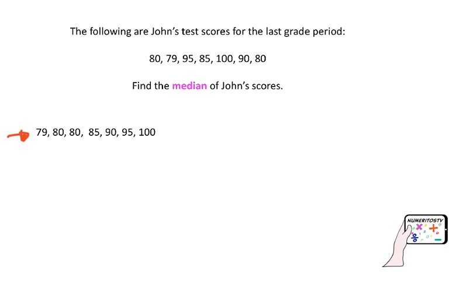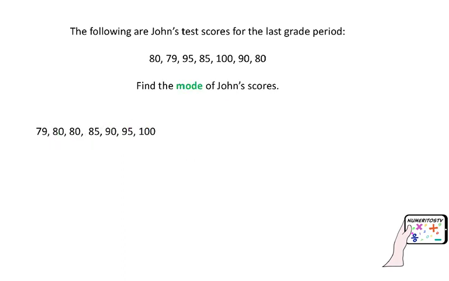It is easy if you start crossing out pairs from the outside to the inside. So I'm crossing 79 and 100, then 80 and 95, then 80 and 90, and my middle number is 85. So 85 will be the median of John's test scores.